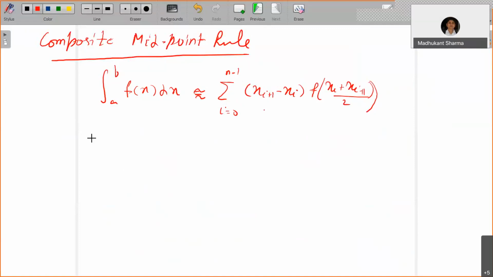And the error term will be (b minus a) by 24 times f second derivative at zeta times h square. So here we will stop now.